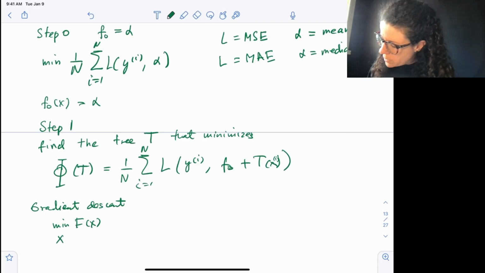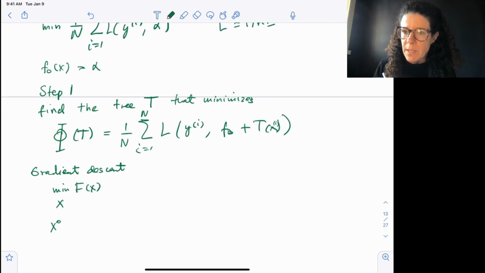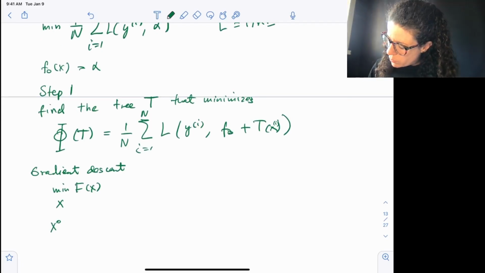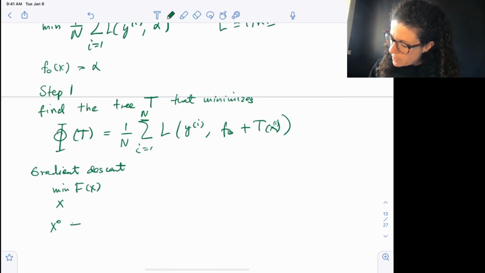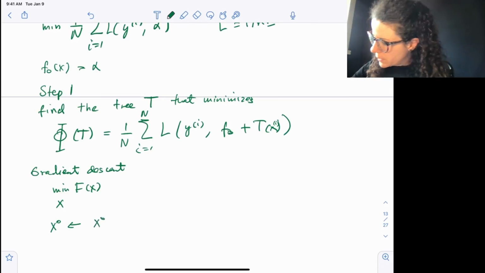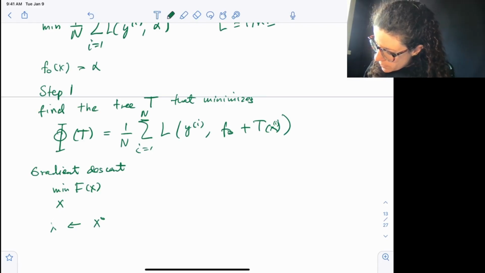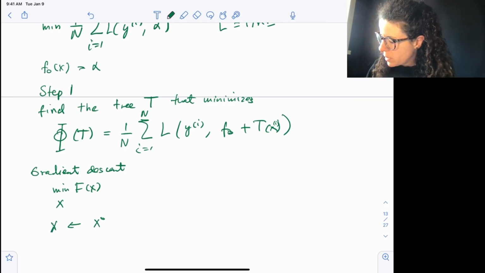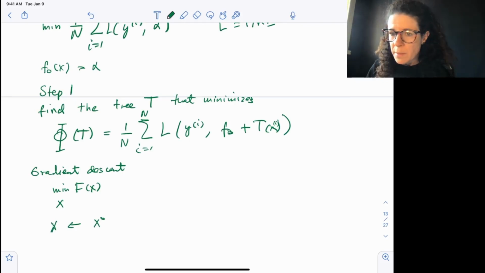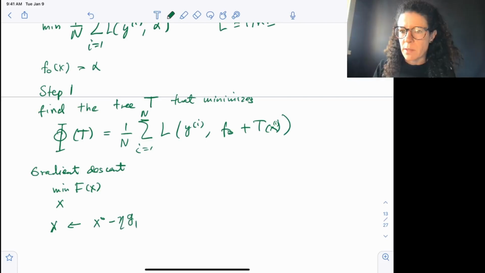We start with some starting point x0. Then in the first iteration, we update x by taking x0, the starting point, minus some learning rate times the gradient, which I'm going to call g1.